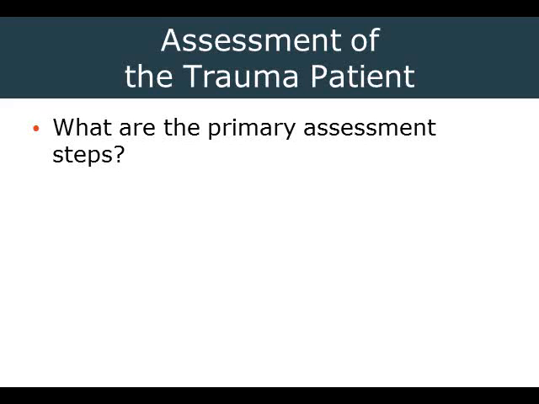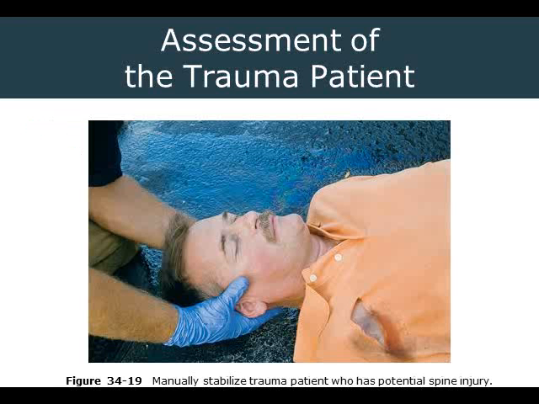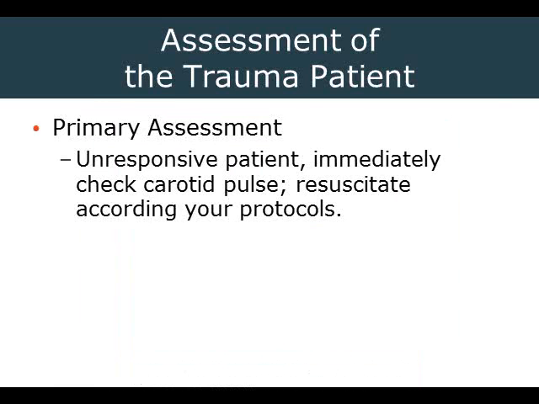And then, of course, taking some considerations for priority patient. So again, this is going to show us that we're manually stabilizing the patient with the potential for spinal injury. From the looks of this picture, they must have a decent airway because they're not doing a jaw thrust.